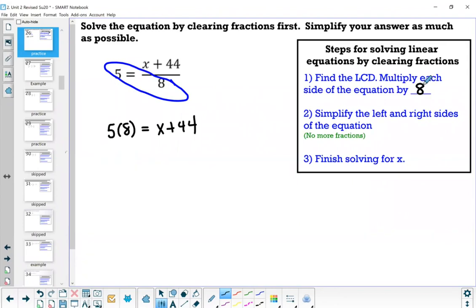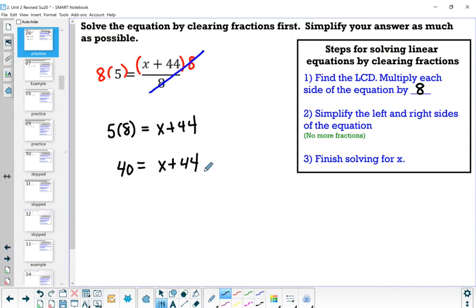But if you want to see what I did in the previous part, what I was saying was multiply both sides by 8. This cancels on the right, and you're left with 5 times 8 equals x plus 44. So 40 equals x plus 44.